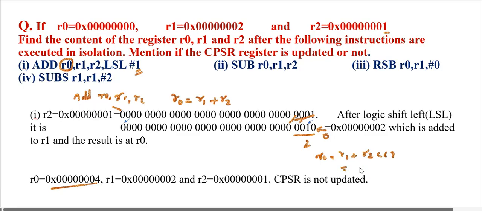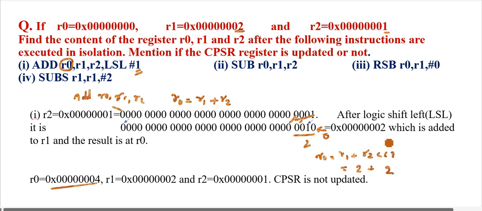So what is the content of R1? See the content of R1. R1 is actually 2. R1 is 2, plus R2 left shift by 1. R2 is actually 1. If you left shift by 1, it becomes 2.